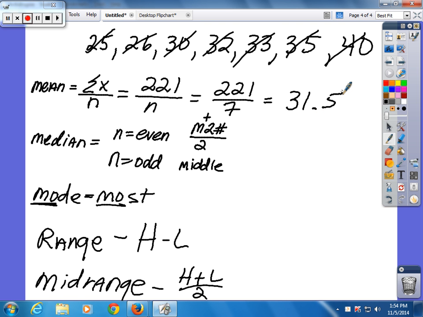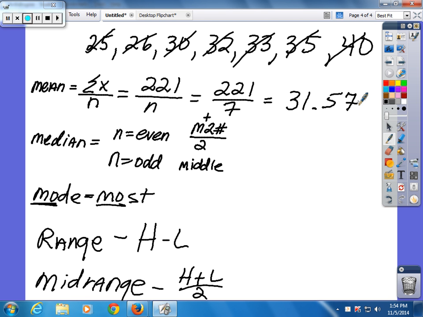And it'll keep going. 7 will go into 50, 7 times. It's going to be something like 31.57. Somebody check me. What is it? 31.5714. Okay, 57. All right, so that's your mean, 31.6.